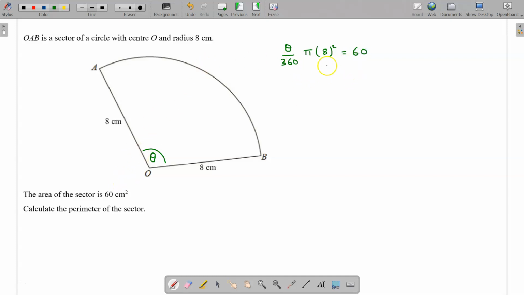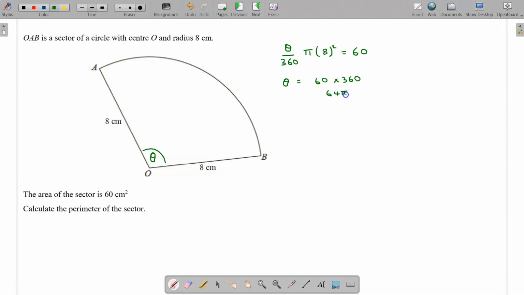So we can rearrange that to find what the angle theta must be. Theta equals 60 times 360, divided by pi times 8 squared, which is 64 pi.